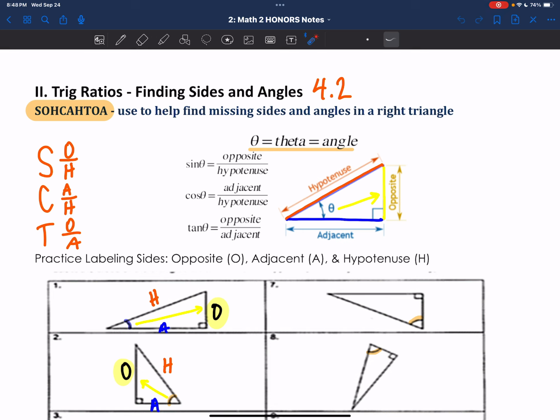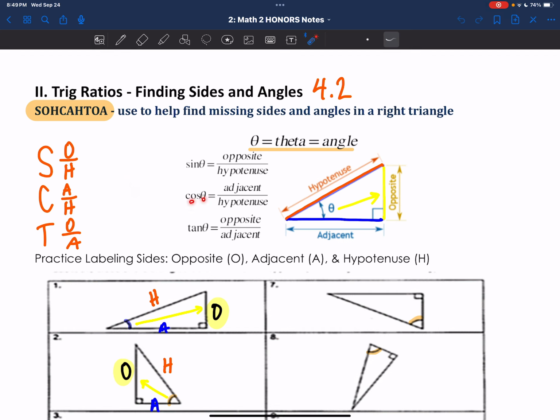So what we're going to talk about here are some ratios, which is sine. Sine, not sin, is a ratio of the opposite over the hypotenuse. So cosine is the abbreviation.